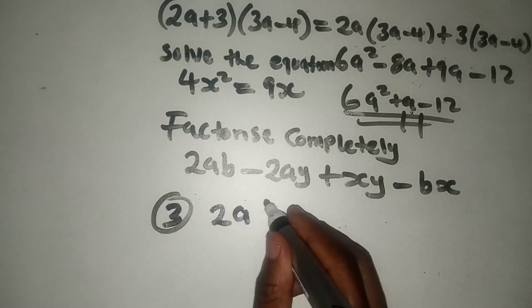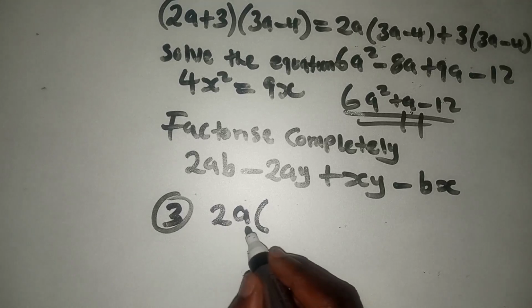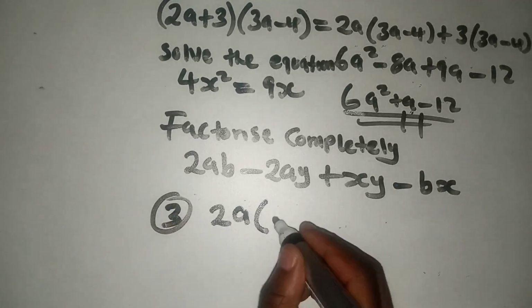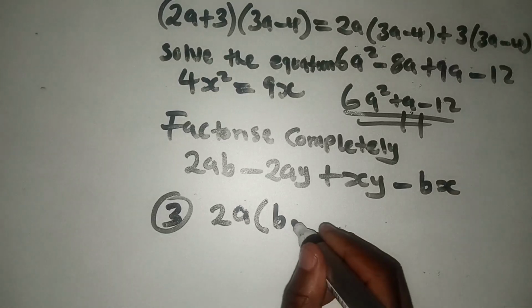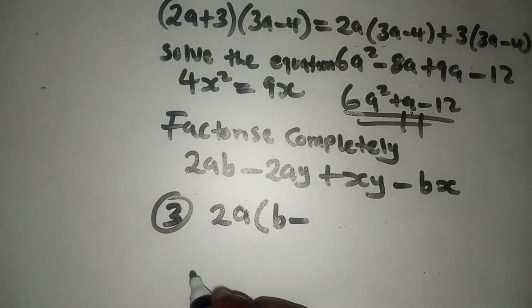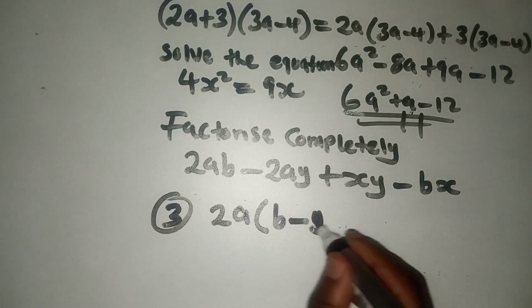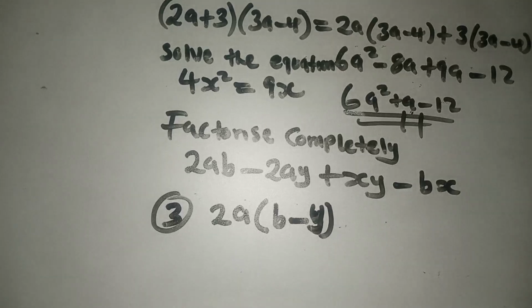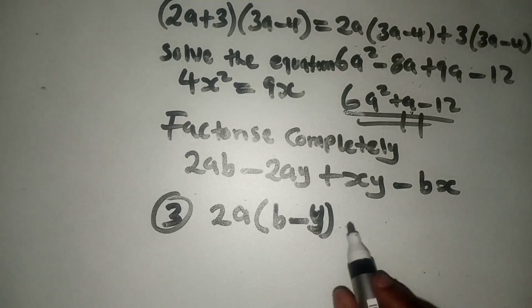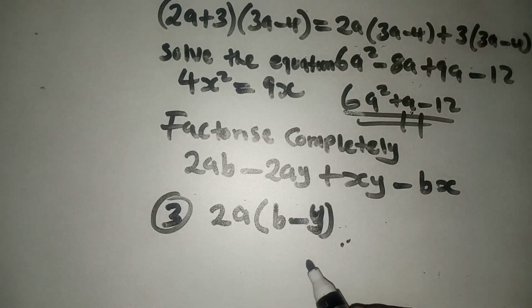Then you say open brackets. 2a into 2ab, your answer will be b. Minus as your operation there. 2a into 2ay, your answer will be y. Close bracket. Then you are done. Then you come here. Which letter is common here?